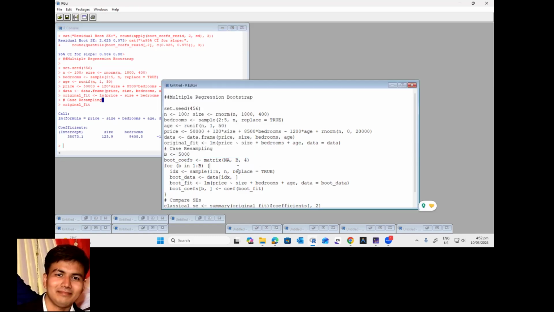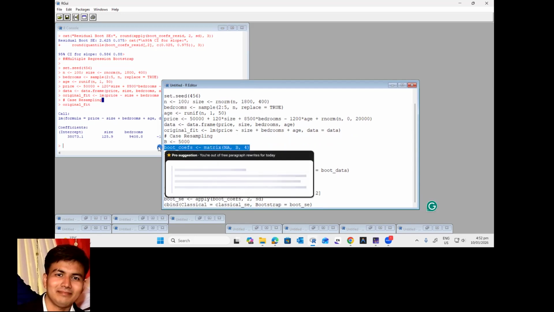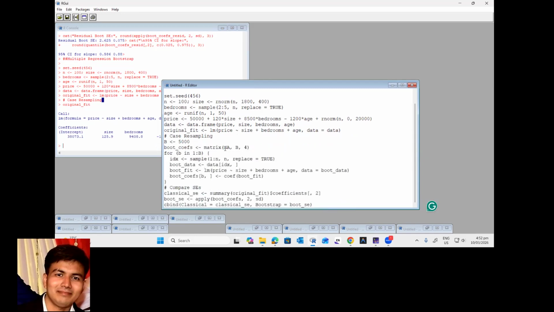All right. So after that, what we are going to do here, we are going to resample 5,000 times. Again, we are going to create one matrix of size B by 4, meaning 4 columns for price, size, bedrooms, and age.